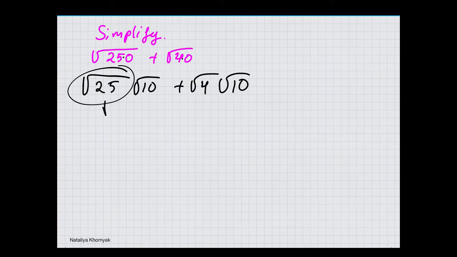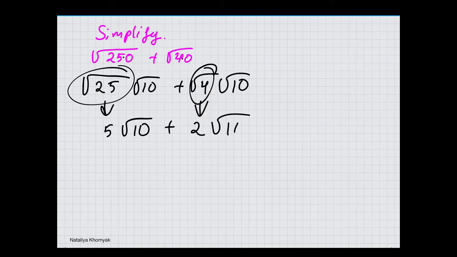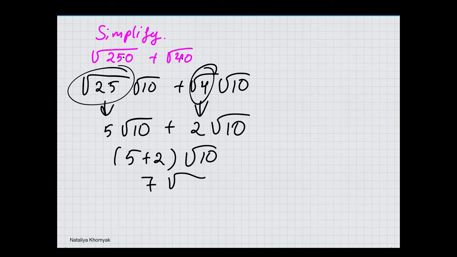Square root of 25 is 5 radical of 10 plus square root of 4 is 2 radical of 10. So now we have 5 plus 2 of square roots of 10, and this will be 7 radical of 10, and this is our solution.